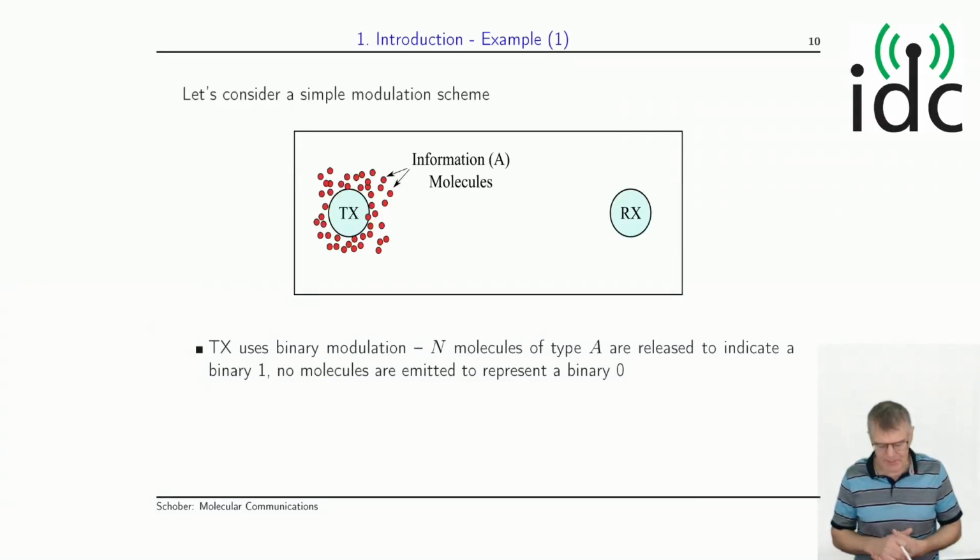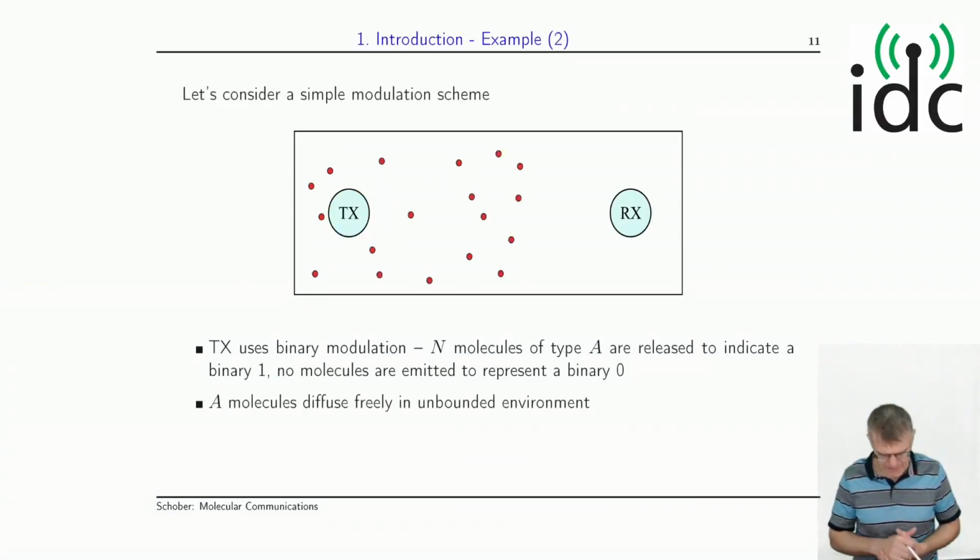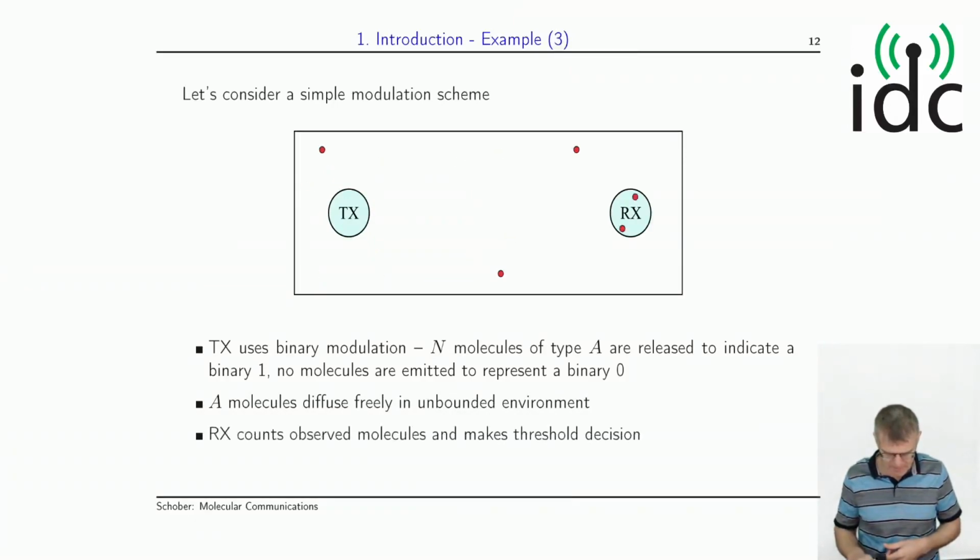Now if it wants to send a binary 1, then these signaling molecules are released at the transmitter, they propagate in the channel, and some of them will arrive at the receiver. The receiver has receptors on its surface, and these receptors can bind the signaling molecules. If enough signaling molecules are bound, then the receiving cell, for example, will change its behavior, as in the example of the bacteria, or some internal processes in the cell will be set in motion.